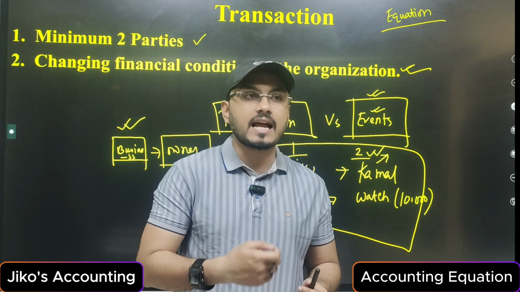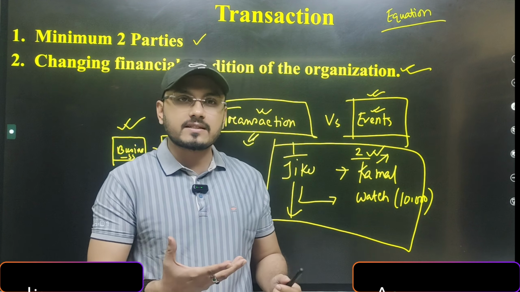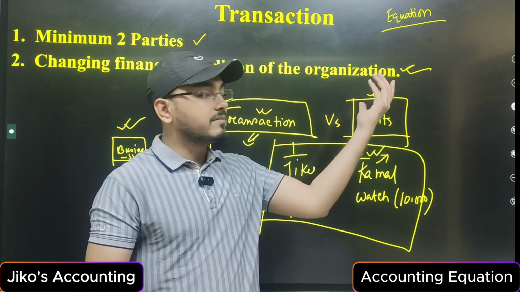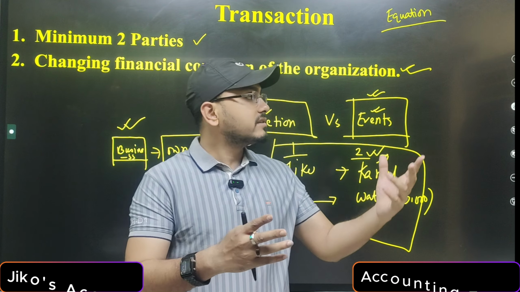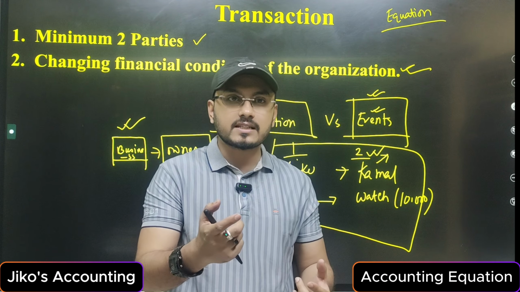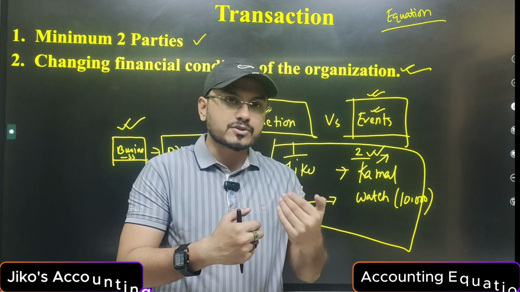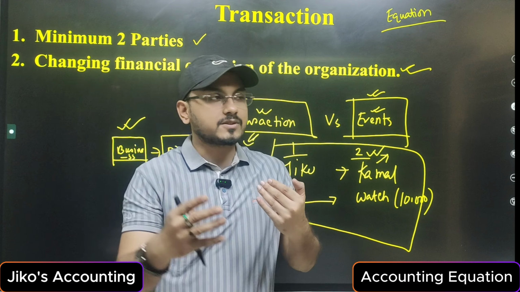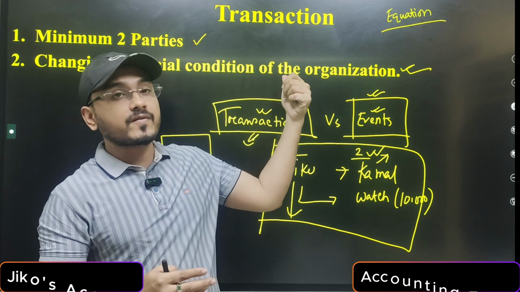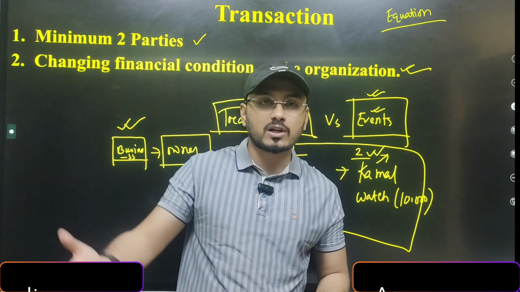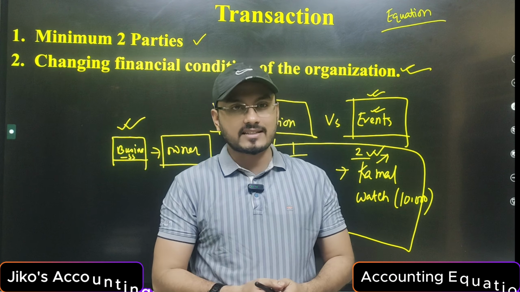So how can it be a transaction? First, there is no existence of two parties. You are producing your own products. If you produce for yourself, there is no buyer. So this condition is not fulfilled, as you don't sell it to the local market, so you can't say it's a transaction.